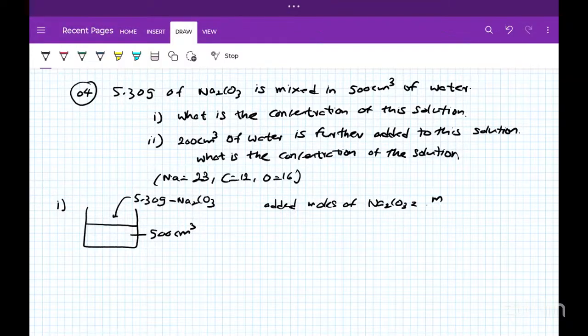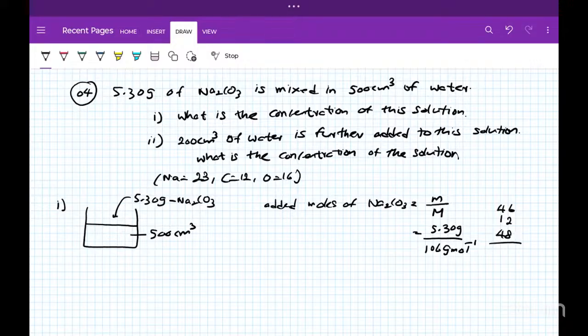So you can say mass divided by molecular mass. Mass is 5.30 grams. Now molecular mass, how much? 46, 12, okay, 106. 106, okay, good. 106 grams per mole.